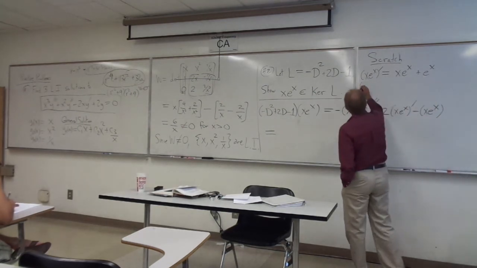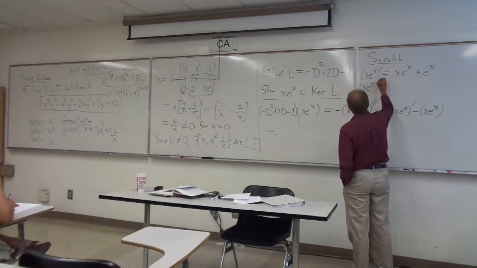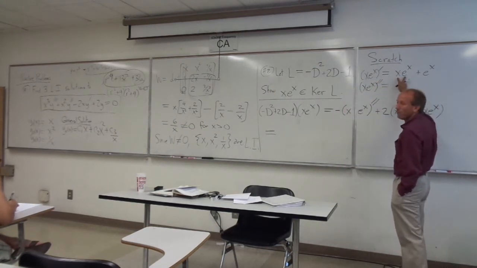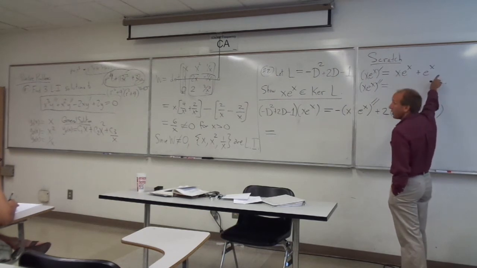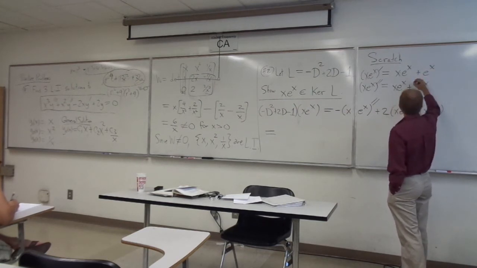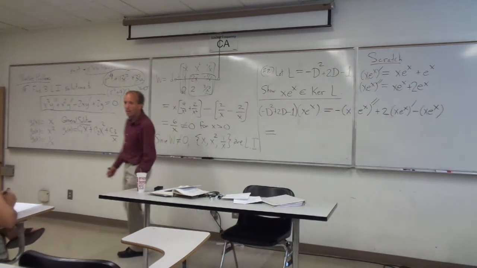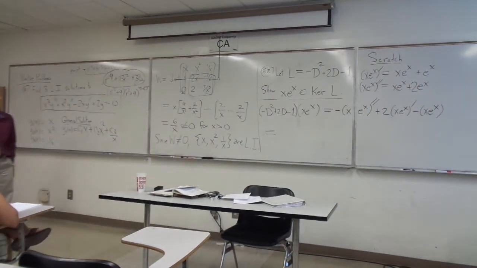And then if I want to differentiate that, well, the derivative of x e to the x, again, is the same thing, so x e to the x plus another e to the x. But then the derivative of the e to the x part is e to the x, so I actually have 2 of those by the time you're done taking the derivative. So that's the second derivative.